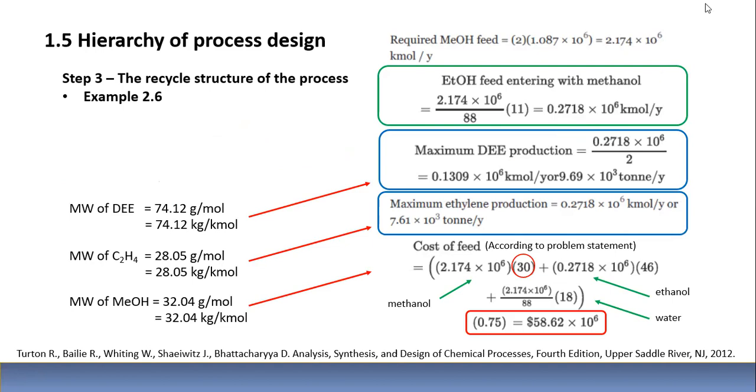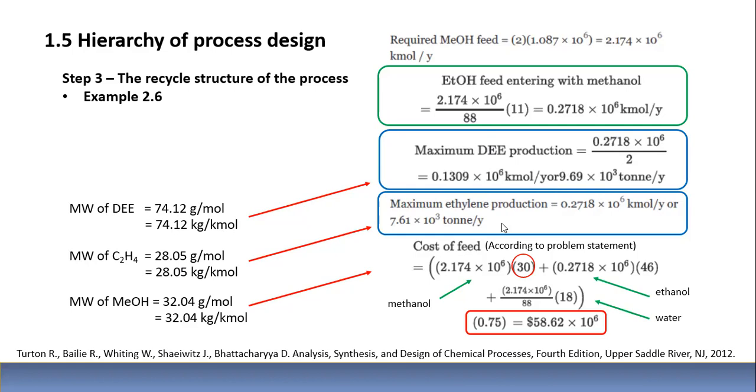Then the amount of ethanol entering per year was calculated. So the amount of diethyl ether, since this is a 2-to-1 ratio, will be the amount of ethanol divided by 2, then multiplied by the molecular weight. Diethyl ether is 74.12, multiplied by this, it will be 9.69 times 10 to the 3 tons per year. It will be the production of diethyl ether.